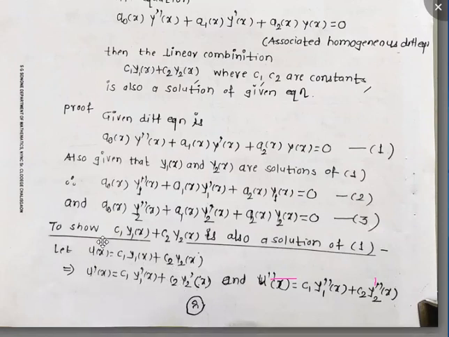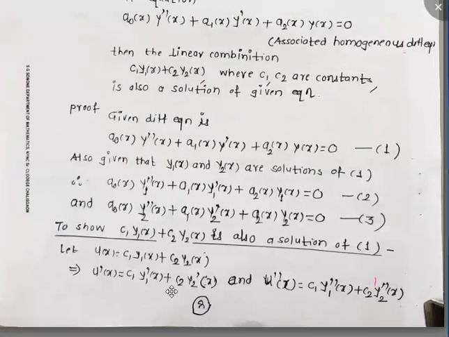What is the derivative of u(x)? The first derivative is C1 y1 dash + C2 y2 dash. And what is the second derivative of u? Again differentiate: C1 y1 double dash(x) + C2 y2 double dash(x). This is the first derivative of this linear combination, and this is the second derivative.